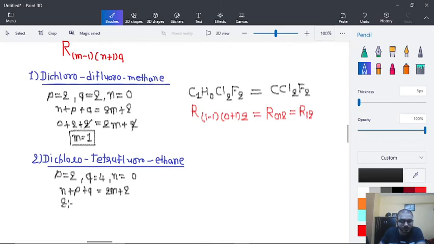So 0 plus 2 plus 4 is equal to 2M plus 2. So we can cancel this, and here we will get 4 is equal to 2M.